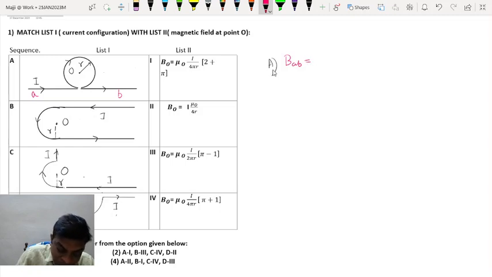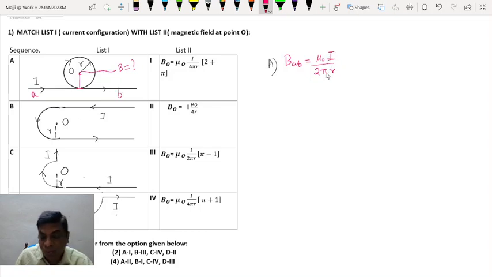For a straight wire, it is mu 0 I by 2 pi r, where r is the distance of the point from the wire. We can take this as a continuous wire. If you apply the proper rule, Ampere's swimming rule, Maxwell's corkscrew rule, or even the right hand thumb rule, you'll find that it is along the outward normal to the plane of the page.